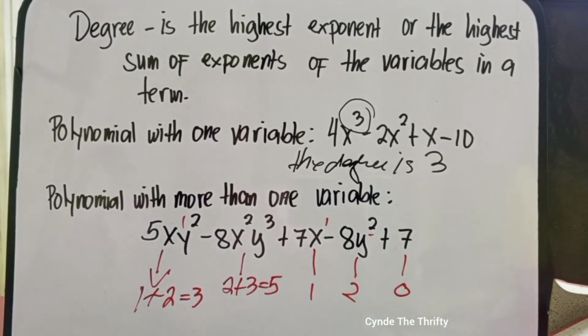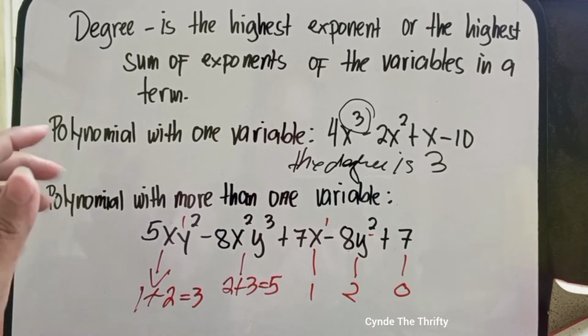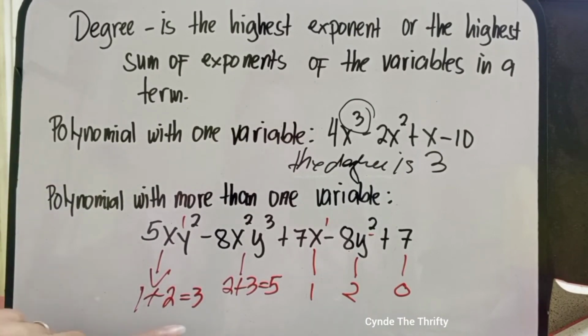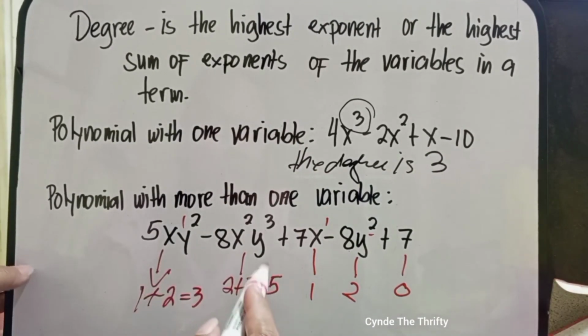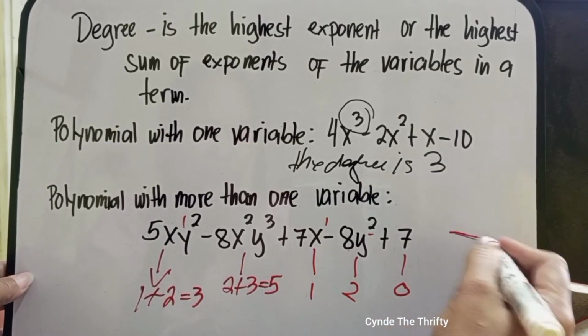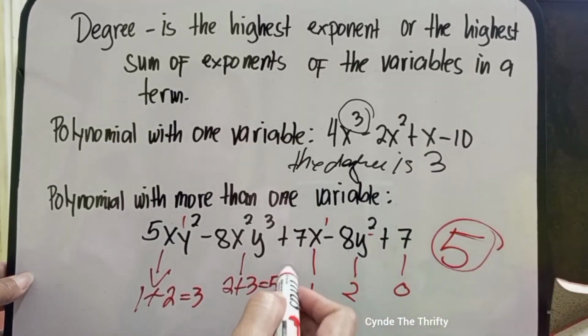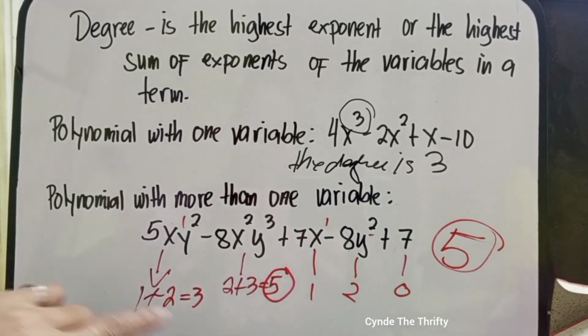So ngayon titingnan natin kung ano yung pinakamalaking sum of exponents ng ating mga terms. So meron tayong 3, 5, 1, 2, and 0. So ibig sabihin, ang degree ng polynomial na ito is 5. Kasi 5 yung pinakamalaking sum ng kanyang exponent. So, ganyan ang pagkuha ng degree ng polynomial.